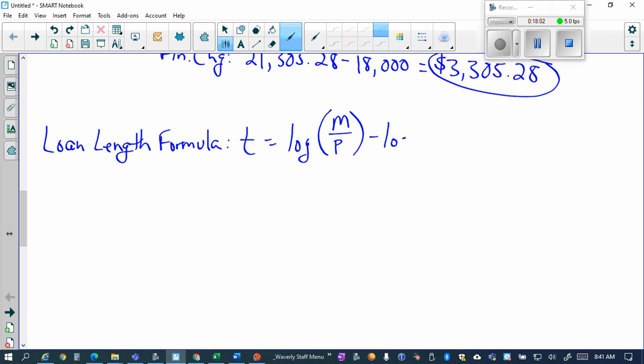Minus log of M over P minus your rate over 12, and we're assuming compounded monthly, right? They're always putting it as 12 in these things, because most loans are monthly payments compounded monthly. Divided by 12 times the log of 1 plus R over 12.